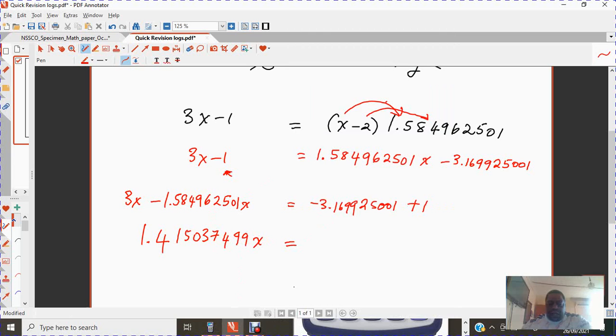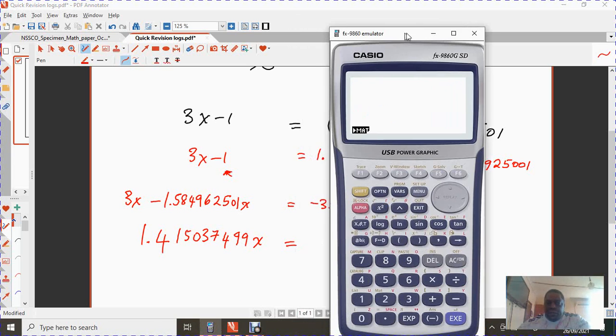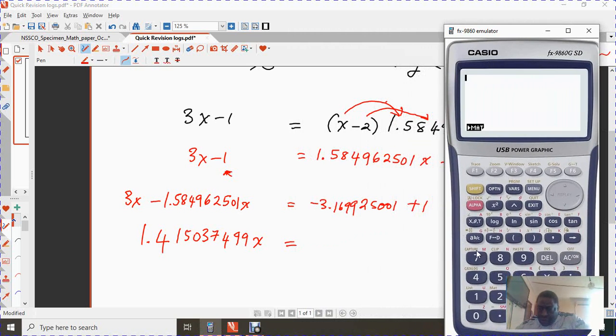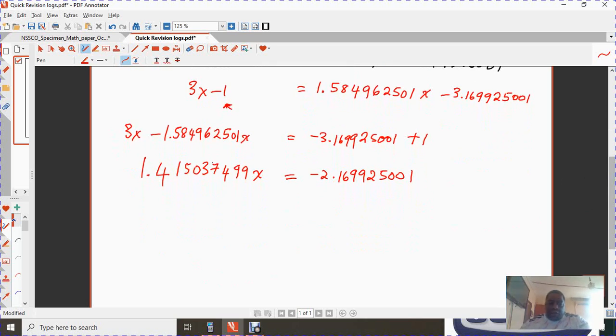And on this other side, you're going to have your negative 3.169925001. We're going to add 1 to it. In fact, it's just going to be negative 2.169925001.